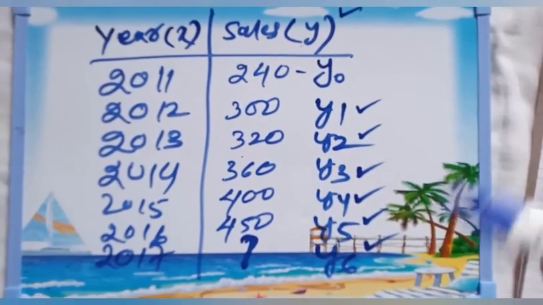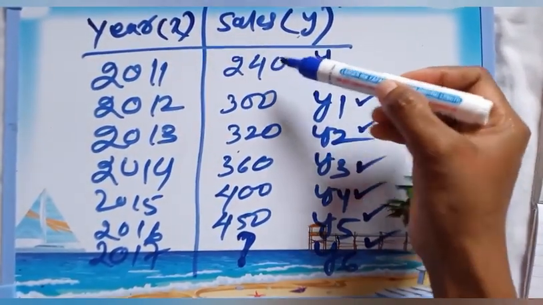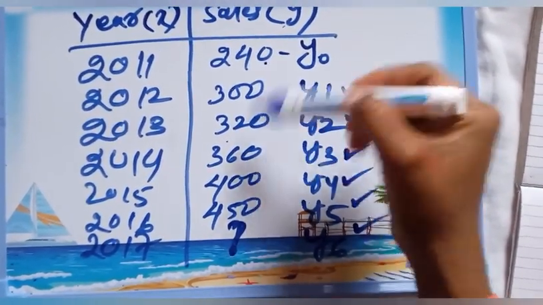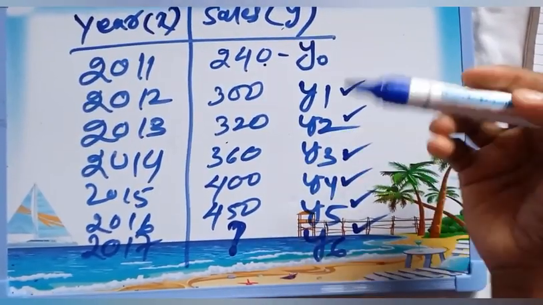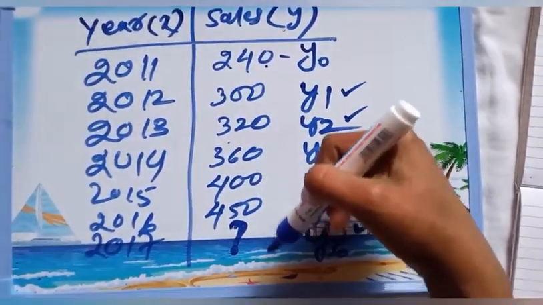Now we can see how many known values there are. Here you can see 1, 2, 3, 4, 5, 6. In total 6 known values are here. So how do we write the formula?